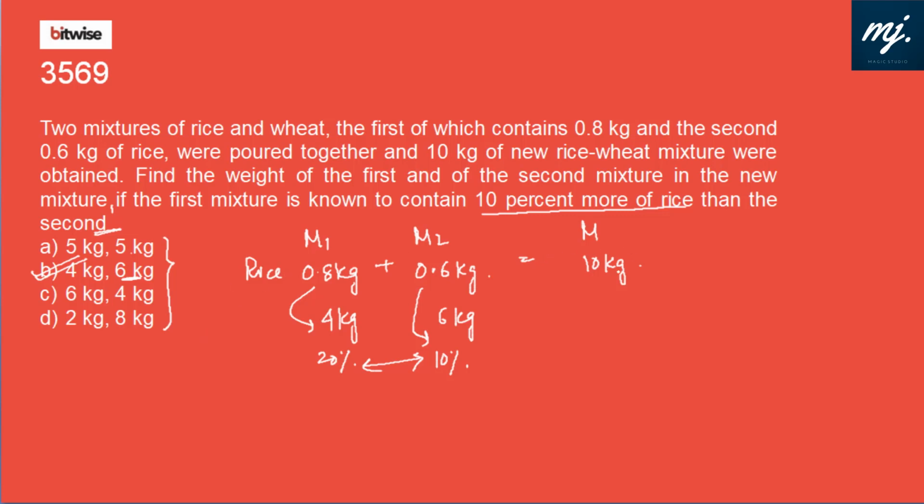Or if we take X and Y, then another variable Z will also come in.